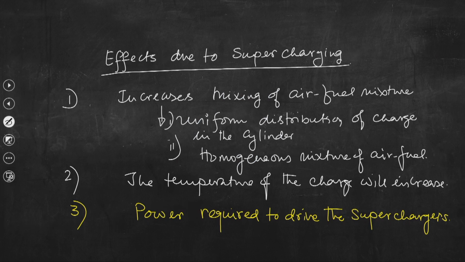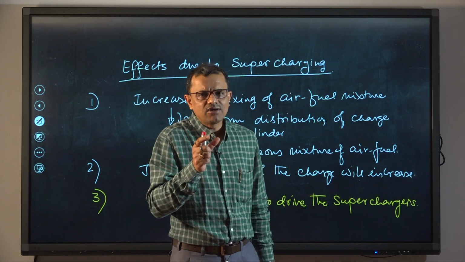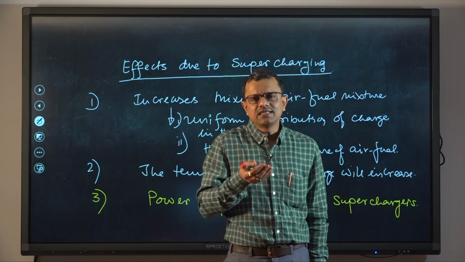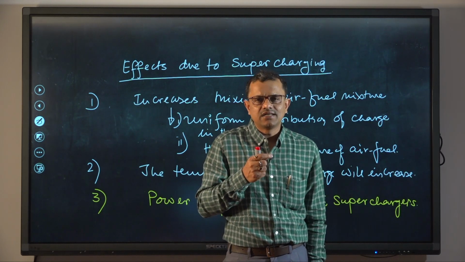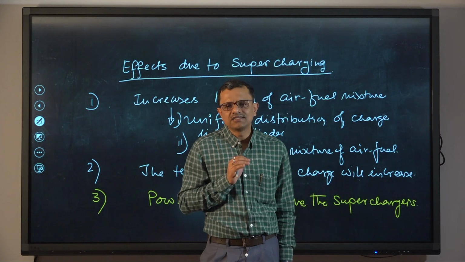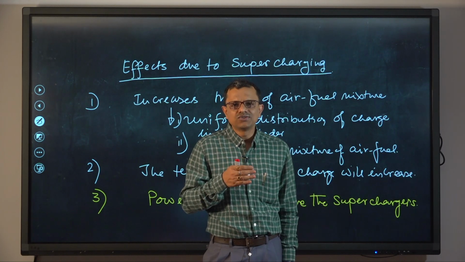So, with this, if we go to the next part, that is very important, let us discuss what are the, I was talking about supercharging. So, to increase the density of intake air, we need to have some mechanical components. Typically, these are compressors, or you can use root blowers.